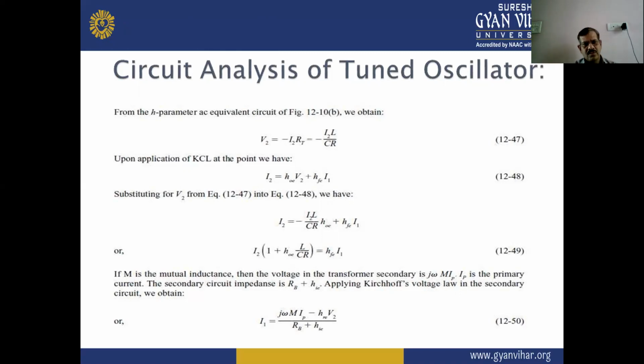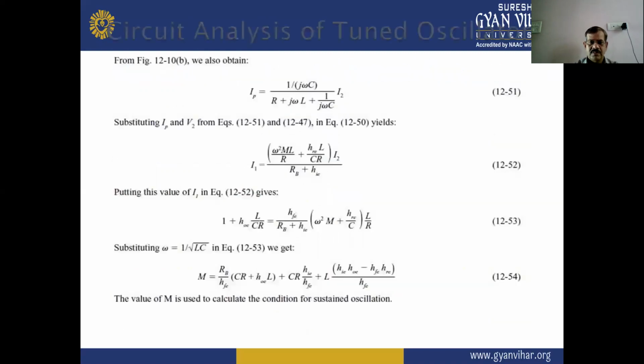If M is the mutual inductance, then the voltage in the transformer secondary is j omega M IP, where IP is the primary current. The secondary circuit impedance is RB plus hie. Applying KVL in the secondary circuit, we obtain I1 equal to j omega M IP minus hre V2 upon RB plus hie.